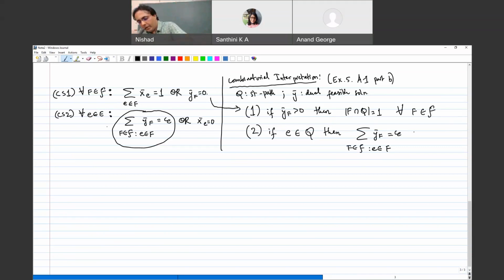And this is for every edge of the graph. So what does this mean?